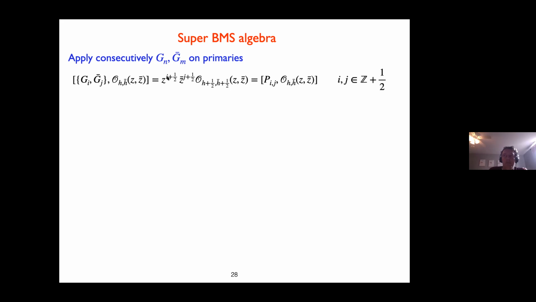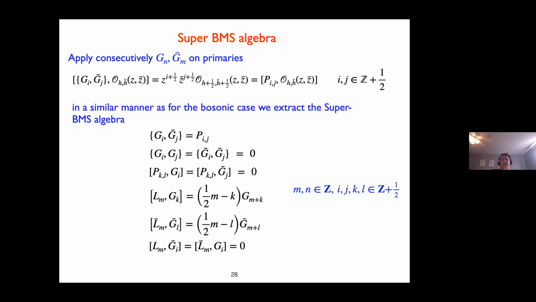In total, the algebra that we find is the Virasoro algebra, which I have not written here, and the extended BMS algebra that I wrote earlier, which includes all the Virasoro and supertranslations, and in addition, this type of algebra. This part of the algebra is what you would expect from a two-dimensional superconformal field theory. But you don't have a superconformal field theory for the very simple reason that G and G here anticommute.